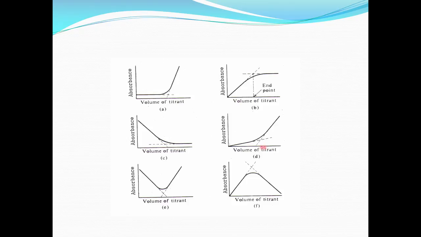Now, look at D. Here there is a certain amount of color formation and also there is additional color, because if it was only one type of complex, it would have reached like B, you would have got a curve. Now, here what is happening is I have a first equivalence point.